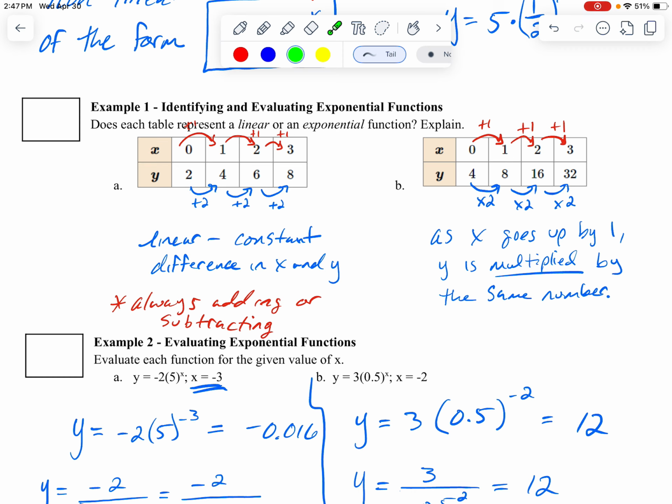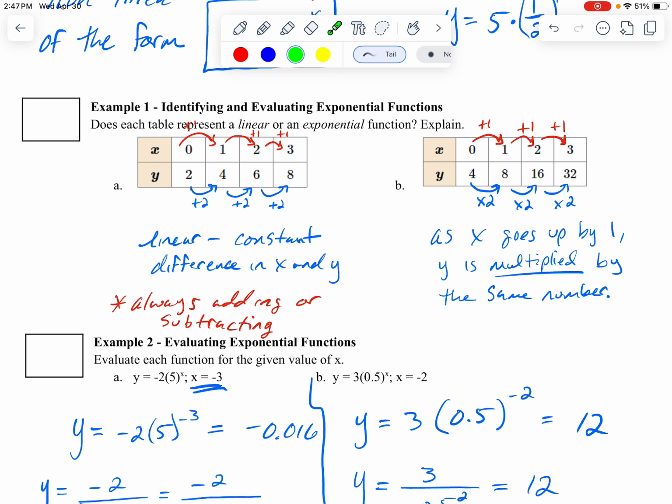And then there's a constant difference in the y values as well. So we're +2, +2, +2. We could be subtracting in the y values as well. That'd be fine. We can have different numbers here. That would be fine as long as it's just adding or subtracting the same amount. So in linear equations, there's a constant difference in the x and the y.